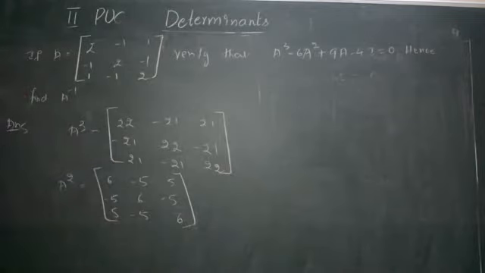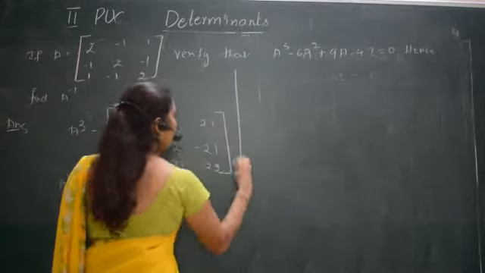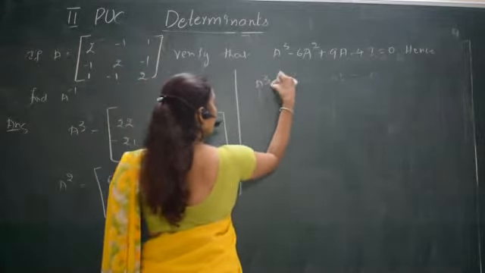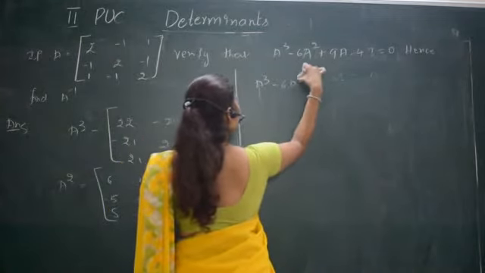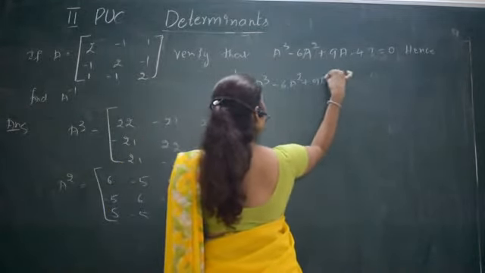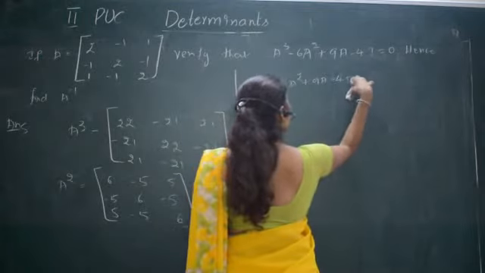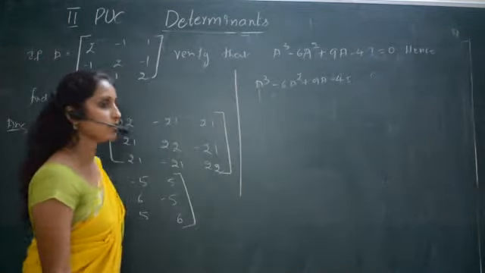And also 9 into A we have to calculate, and then simplify. So now consider A cube minus 6A square plus 9A minus 4I. You have to verify this is equal to 0 or not.